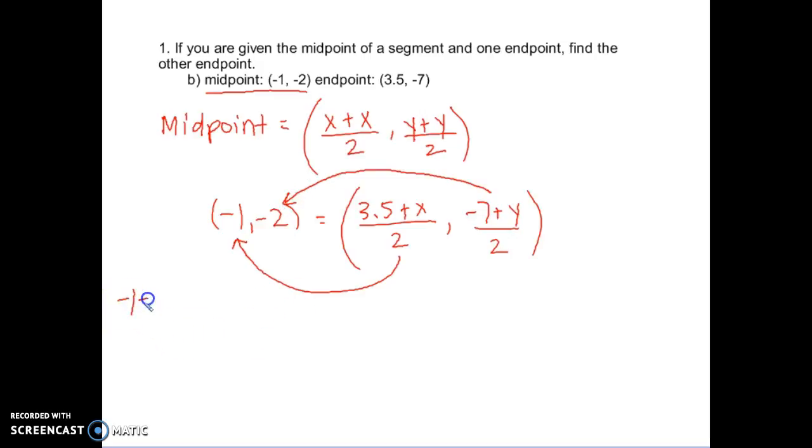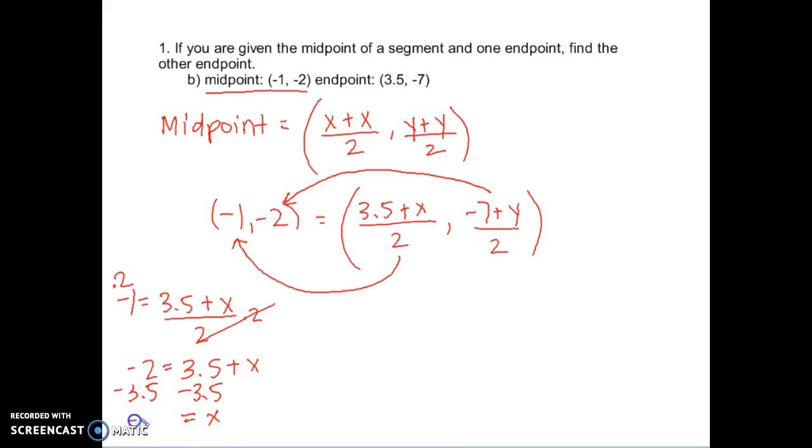So I've got -1 equals (3.5 plus x)/2. Multiply both sides by 2 to start to get x by itself. So I got -2 equals 3.5 plus x. Subtract 3.5, and -2 minus 3.5 is -5.5. So the x value of our endpoint is -5.5.